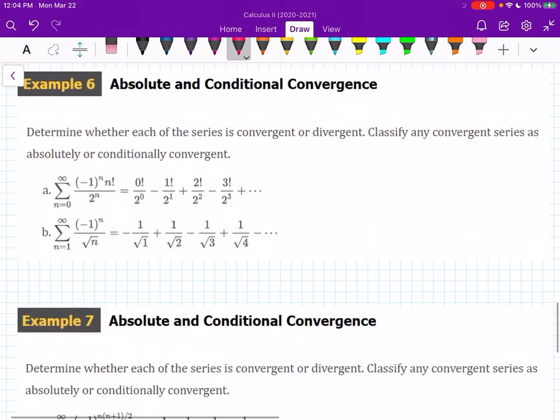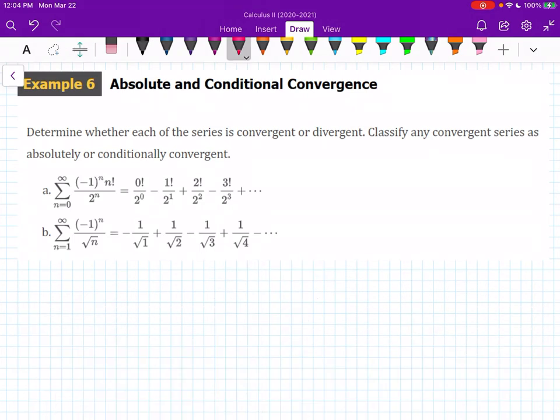Great. Let me get some space here. Our first example is (negative 1) to the n times n factorial over 2 to the n, from 0 to infinity. So let's look at this. We have 0 factorial over 2 to the 0, then minus 1 factorial over 2 to the 1, plus 2 factorial over 2 squared, and so on. If I look at the limit as n goes to infinity of a sub n, ignoring the alternating piece, n factorial over 2 to the n, it does not equal 0.